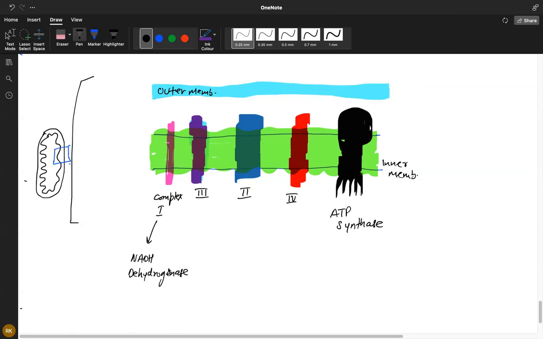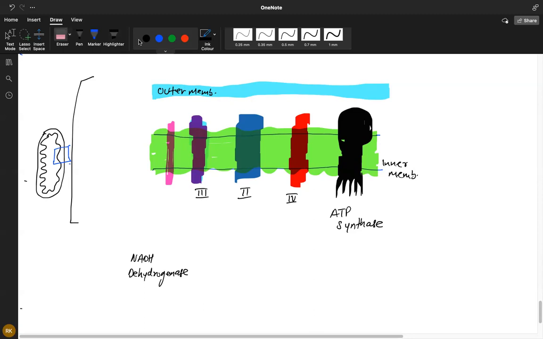I should not say it's known as, it is oxidized. NADH dehydrogenase, and due to which what happens through this complex. So I'm erasing this name, complex 1.